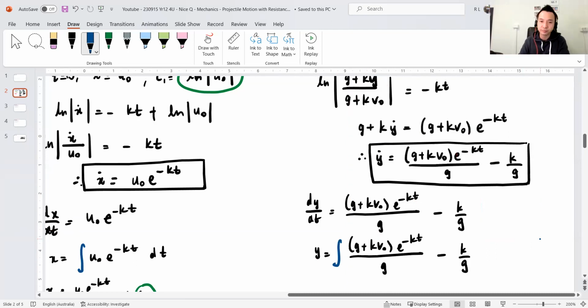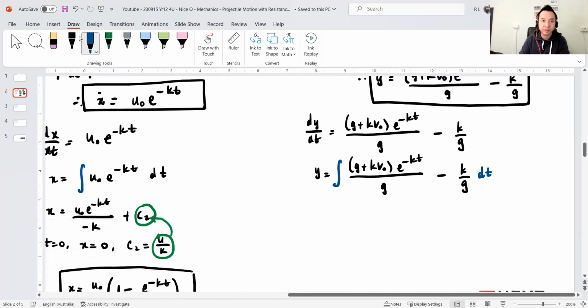Integrate this guy, dt. Everything else is constant, I believe. So then I just put the negative k downstairs, so it becomes negative g plus kv0, e to the minus kt, on gk.